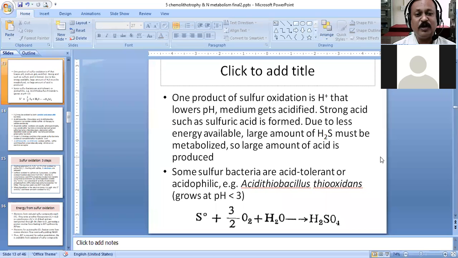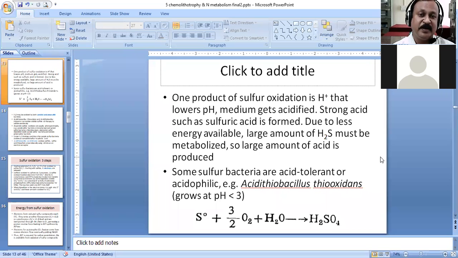The growth of E. coli cell comparatively is very fast. But if you compare that with these organisms, Thiobacillus, Acidithiobacillus, then the doubling time of these organisms is a few hours. It could be 5 hours or 6 hours or even more than that. Even if you grow the organisms for 10 days or 15 days or 1 month, the amount of biomass which you will get is a very small amount.